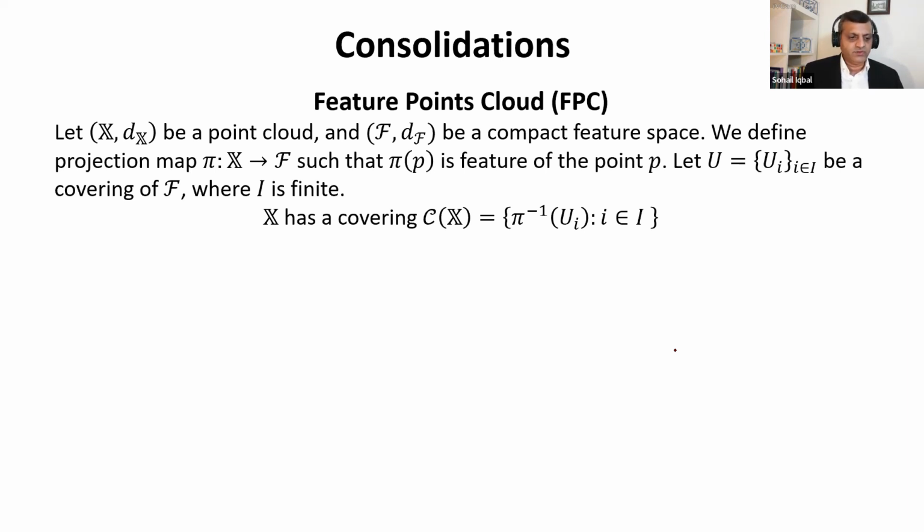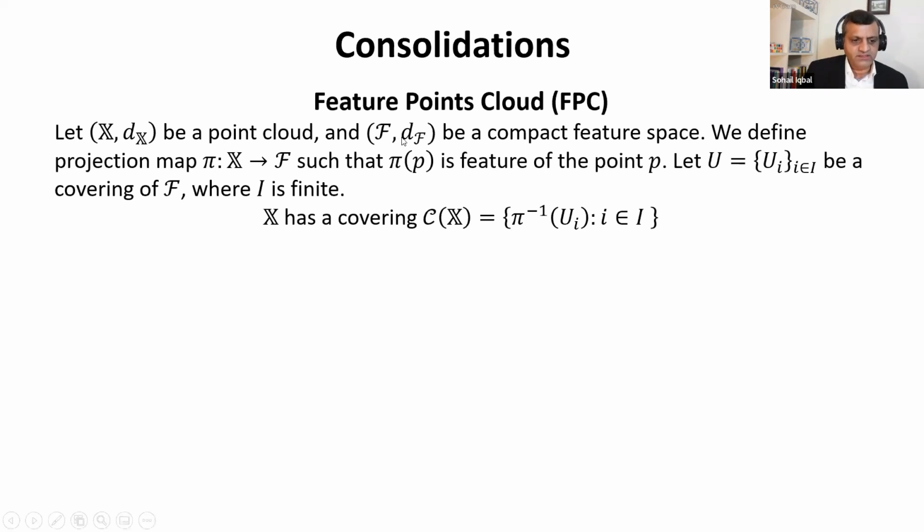For example, the intensity plot is also a collection of pixels, so we can say that it's also a point cloud. But if we consider all of the points in the intensity plot, then it's computationally very demanding. So we want to find the feature point cloud which is close to the homotopy of the associated manifold.